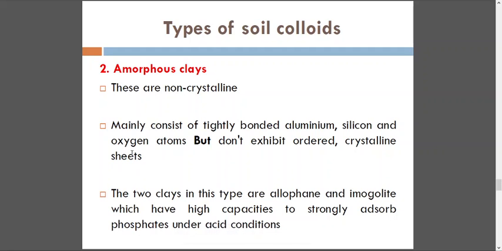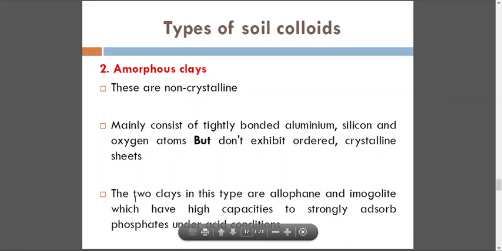So for the crystalline silicate clays, we have sheet-like or page-like structures which are stuck together. But in the amorphous clays, the non-crystalline silicate clays, we do not have the crystalline sheets exhibited.